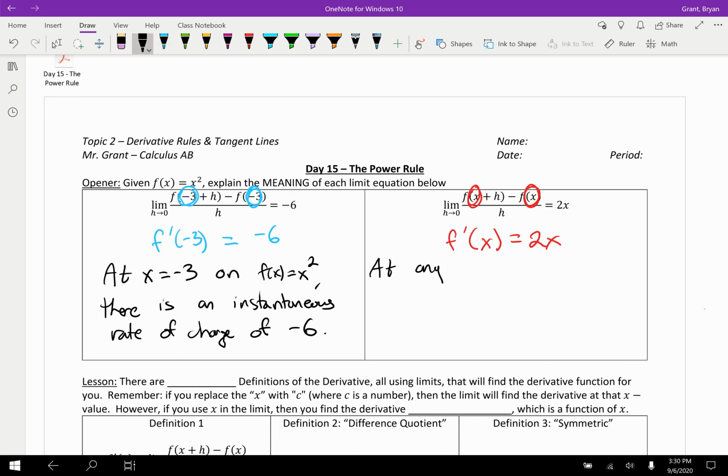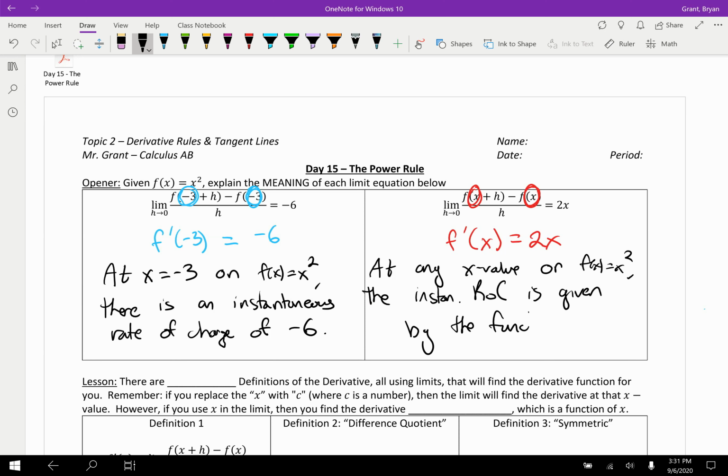At any x value on f of x equals x squared, the instantaneous rate of change is given by the function 2x.